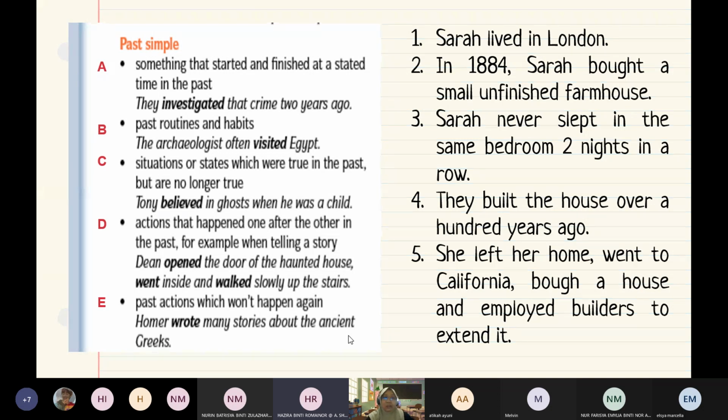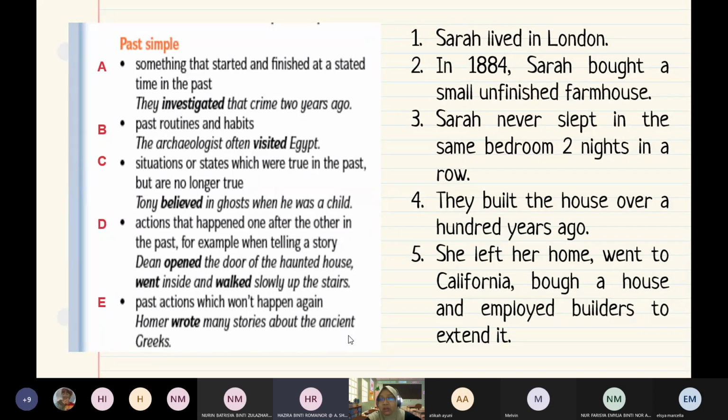You may refer to the examples given there. Example, the first one: they investigated that crime 2 years ago.